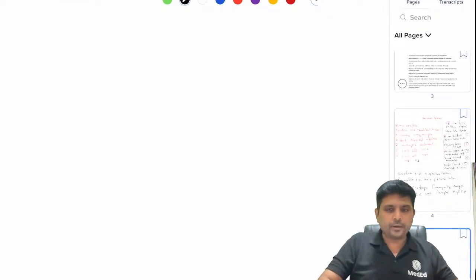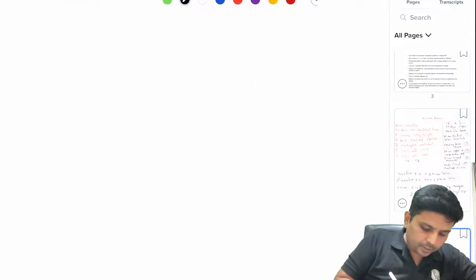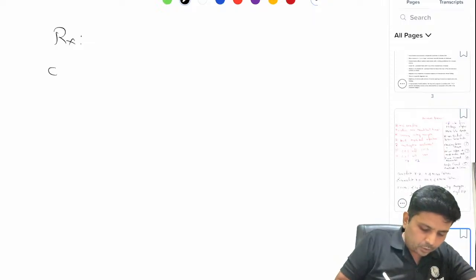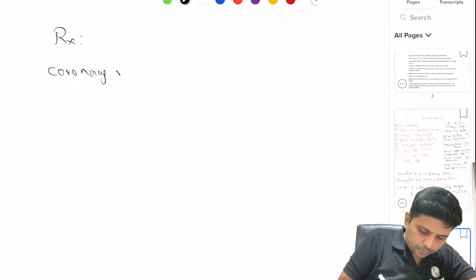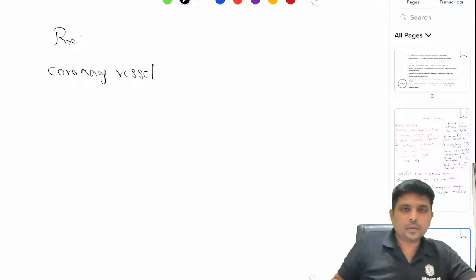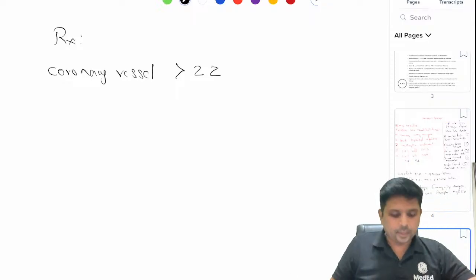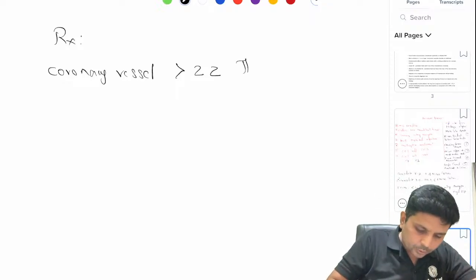So what is the treatment of choice? When you have a coronary vessel Z score of more than 2, then 3 drugs you need to give.